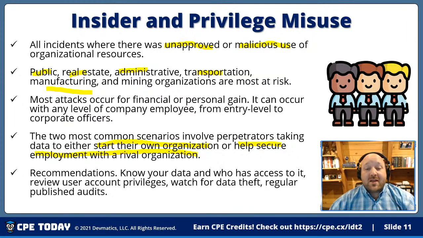Now, I'm also reminded, and this is a couple years further back, probably the most notable example of insider privilege misuse would be Edward Snowden. If you're not familiar with him, he was a contractor for the consulting company Booz Allen Hamilton, and he worked for the NSA, the National Security Agency here in the United States.